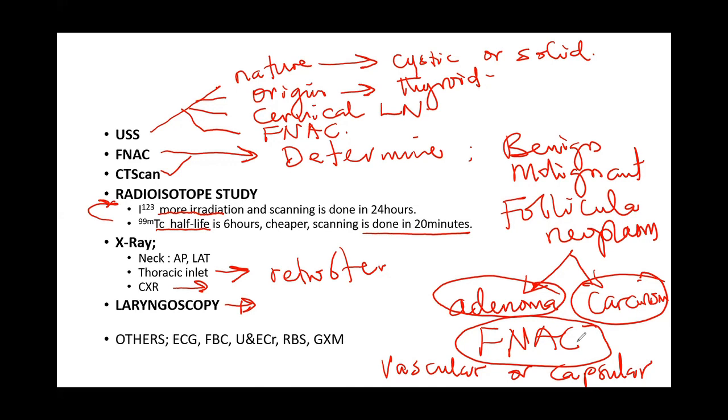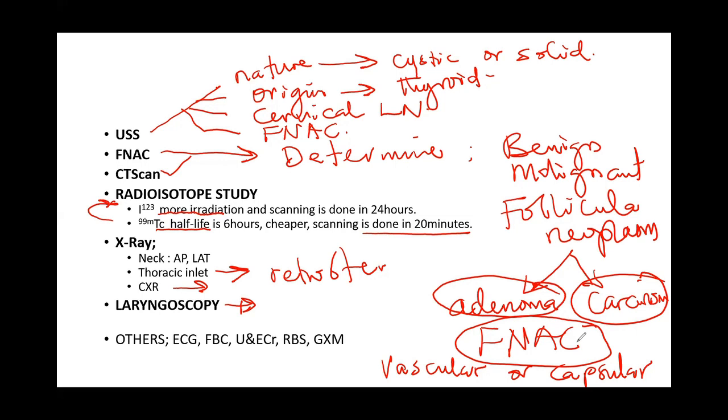Patients more than 40 years, hypertensive patients, and if there are abnormalities on the ECG, you further proceed to request for an echocardiography to assess the heart, ejection fraction, and other parameters.